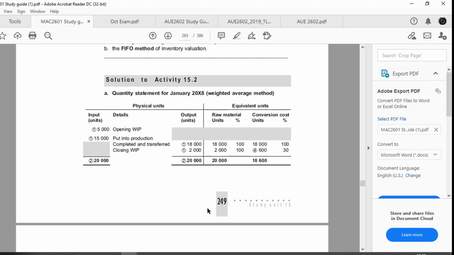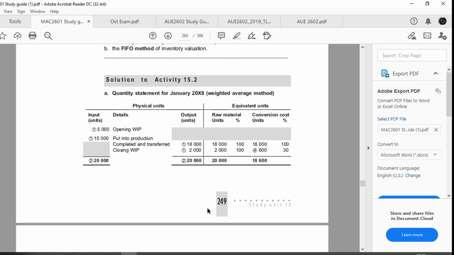Let me just quickly check the question again. Yes, that is correct, because it is 30% complete with regard to conversion costs. So then you say 2,000 units of your closing WIP times 30%. And then you get to the 600. And then your bottom line, basically all your totals must add up.